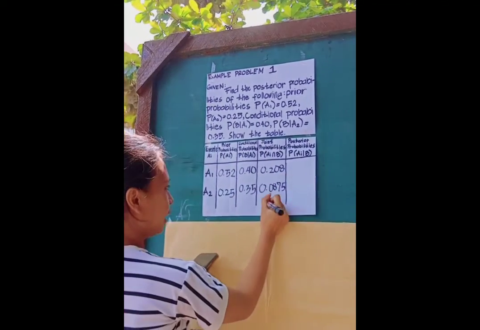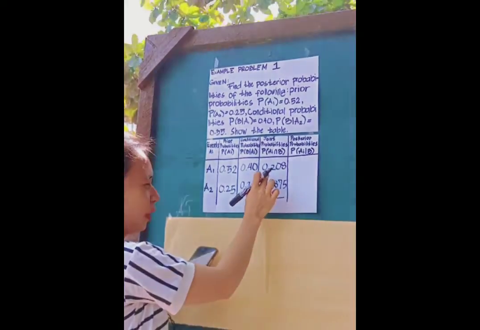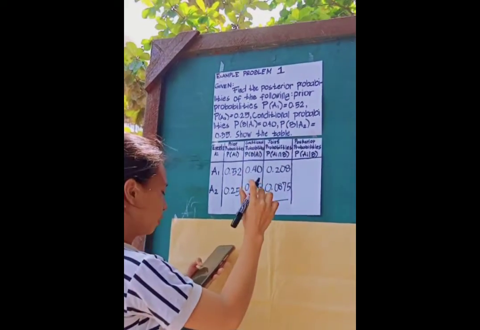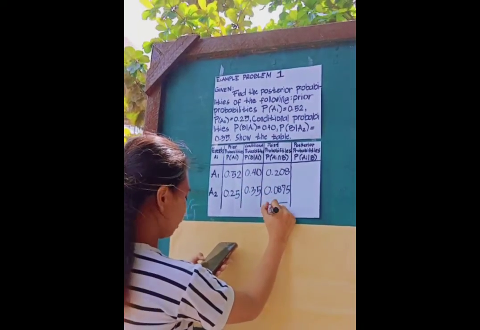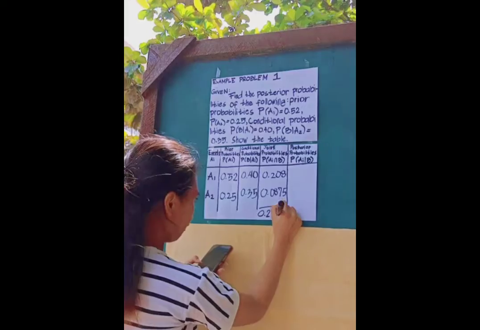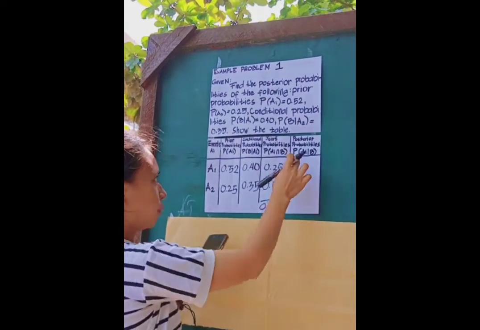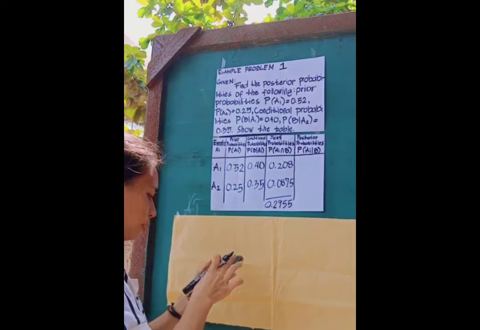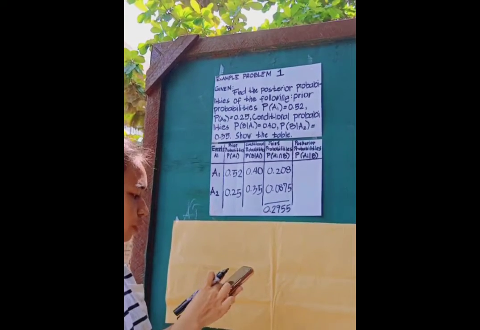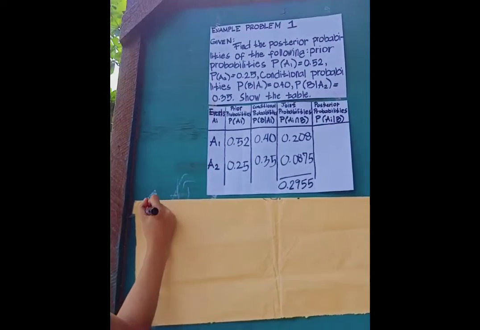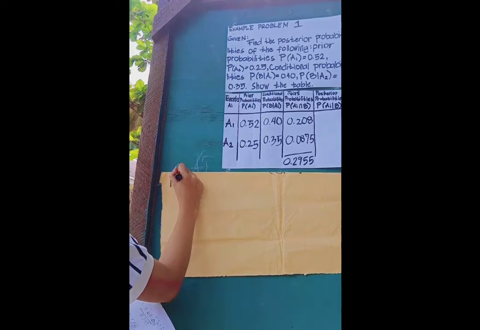And then we have to add the joint probabilities, which is 0.2955. Then to get the posterior probabilities, we have to solve. So here's the formula.